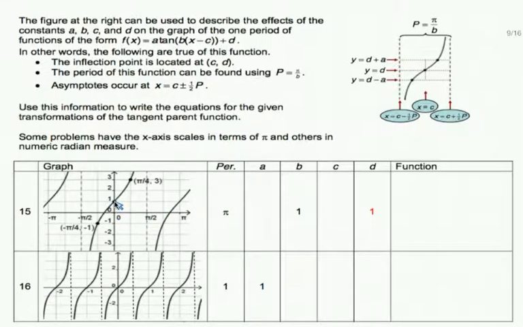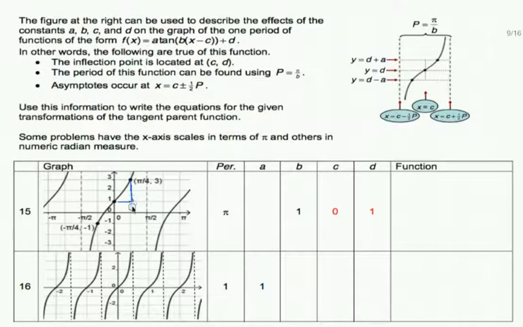And then we need to see if we shifted it to the left or the right. Because our center point is still on the y-axis, we didn't shift it left or right, so our C value is 0. But we also need to find out what the distance is from our middle point to the maximum, or to this inflection point.